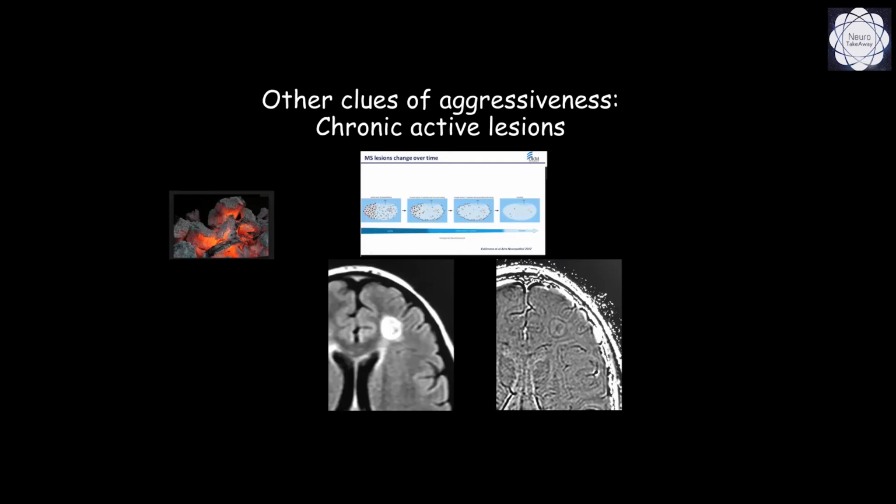In these areas, we can find the pro-inflammatory macrophages filled with iron. And the important point is that these lesions tend to evolve, tend to increase their area, their volume, and so they are a very bad sign, especially in the progressive forms of the disease.